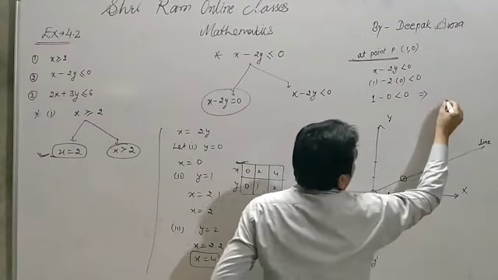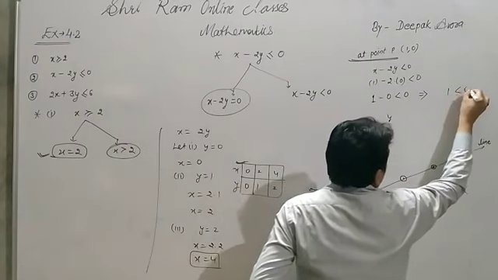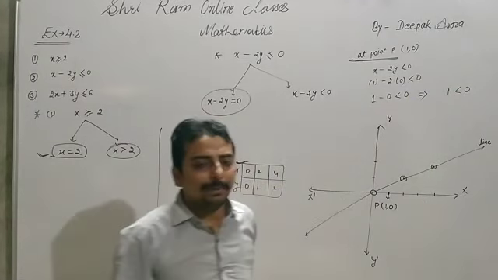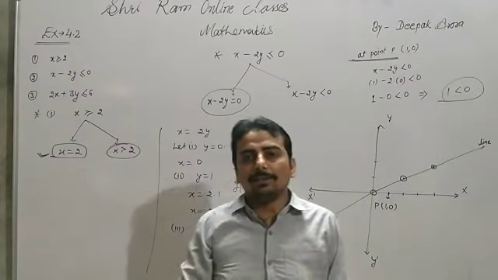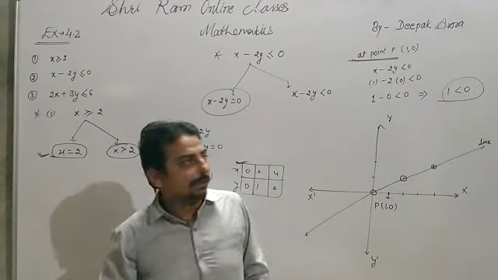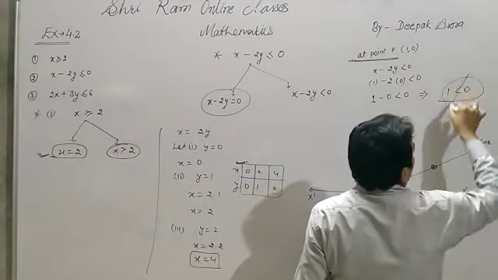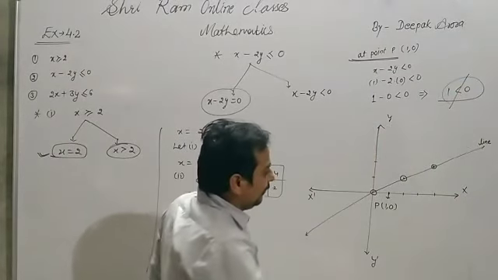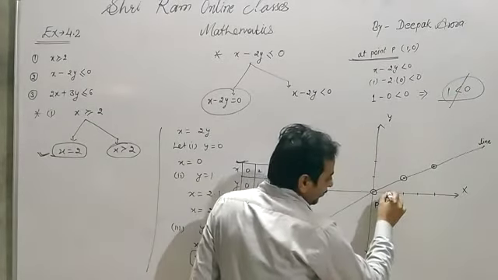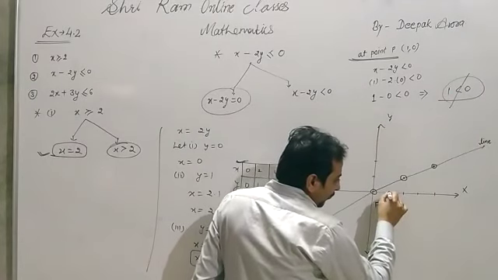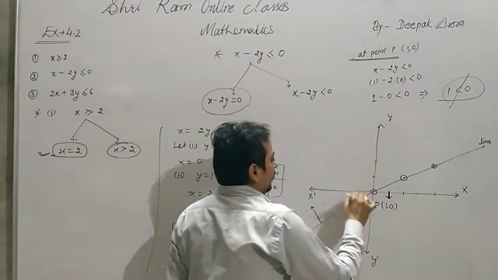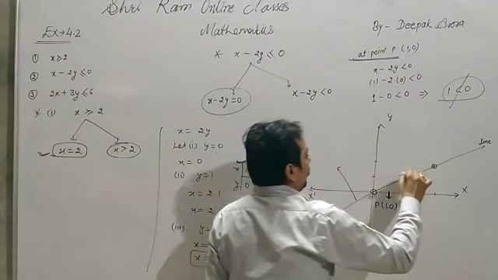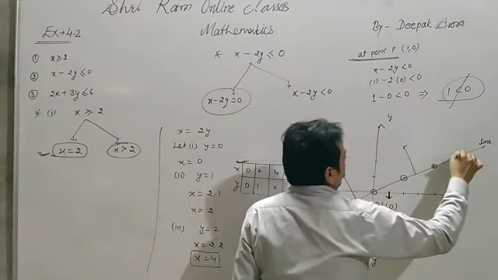The final answer is 1 is less than 0, which is false. So the area for the line is not toward P; it is on the opposite side of point P.